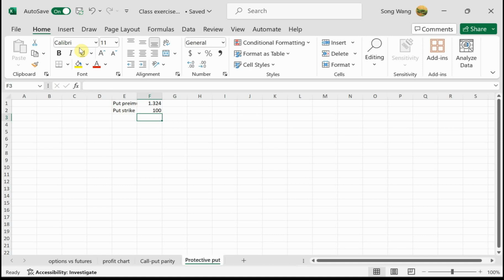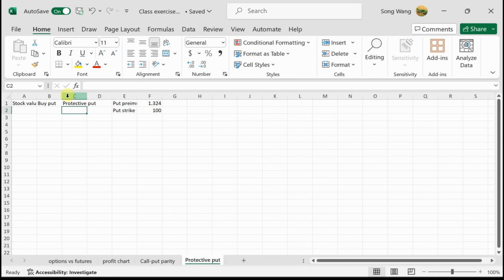And for the option value, you will need to buy a stock. The stock value here. And you also buy a put. And combining those two would give you a protective put.